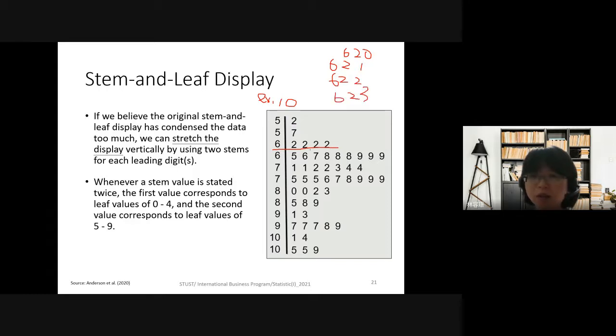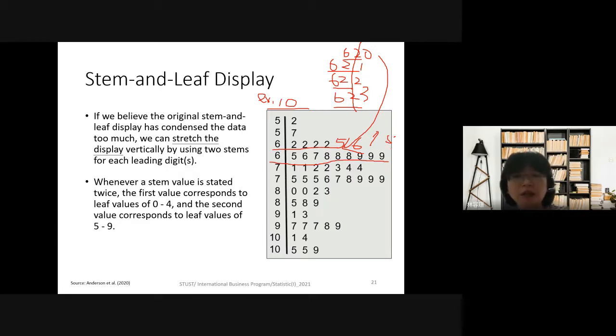Because the unit is 10, what you express here will be 62, 62, 62, 62. So you must have 62 so many times. And if there is a lot of data here, these must be very long, for example 5, 6, 7, 8, 8, 9, 9, 9.